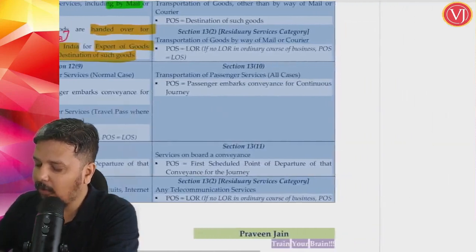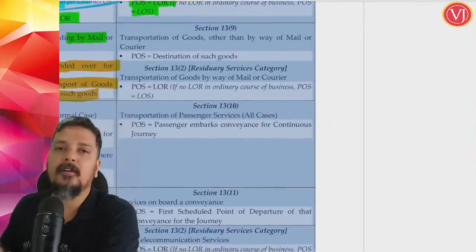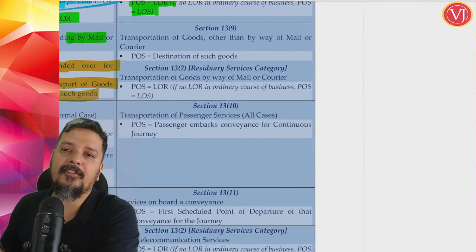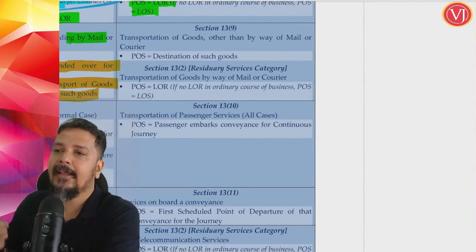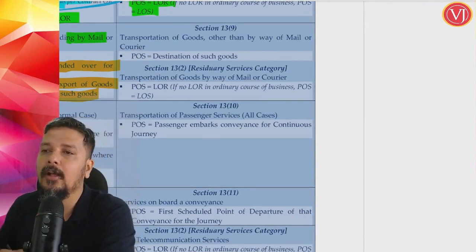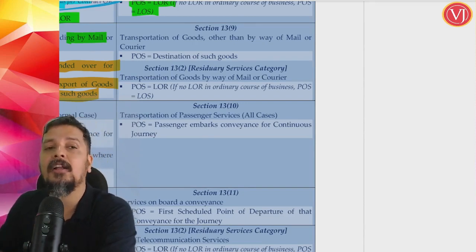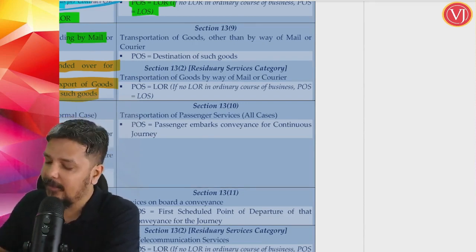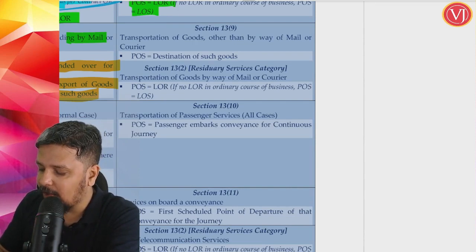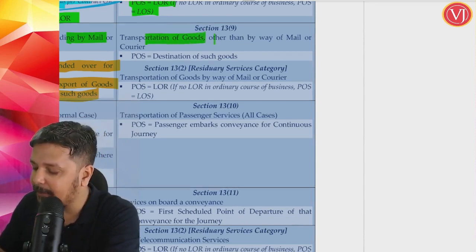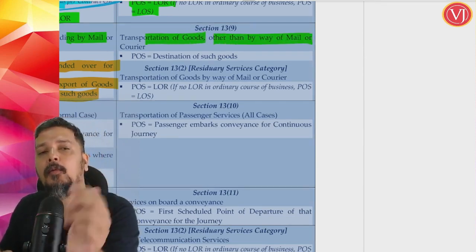Now, when you talk about the same transportation of goods category in section 13, where either LOS is in India or LOS is outside India or LOR is outside India, there's a small difference here. First, they talk only about transportation of goods other than by way of mail or courier. Now, you may wonder what about mail or courier?